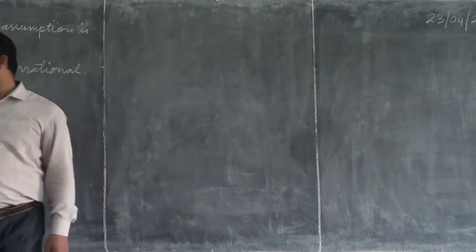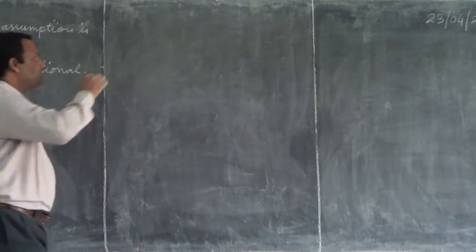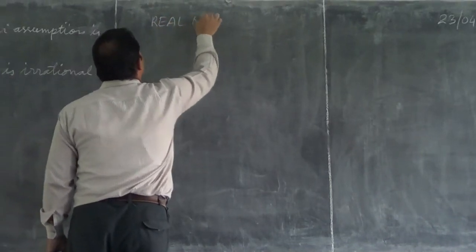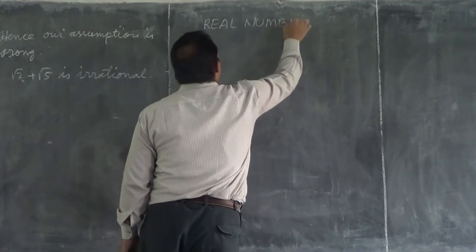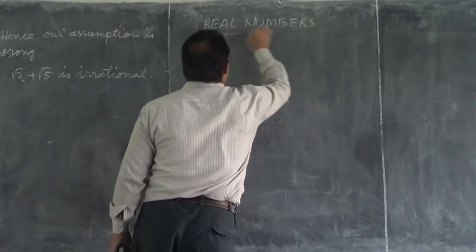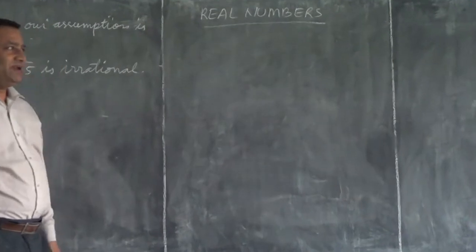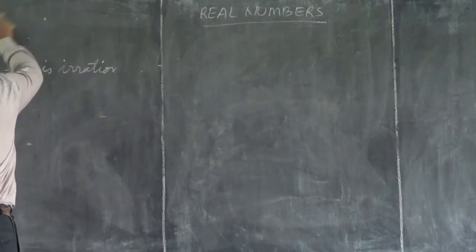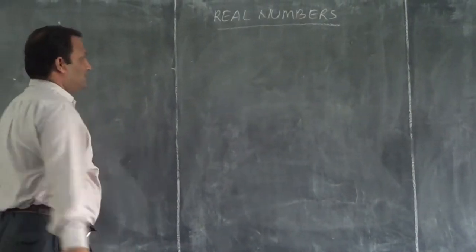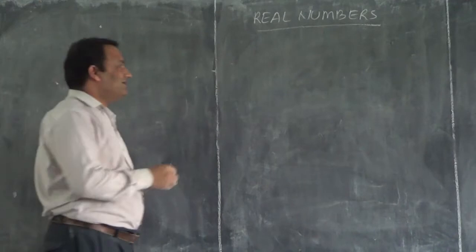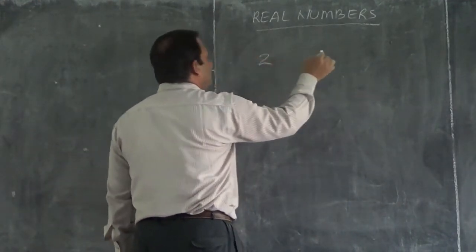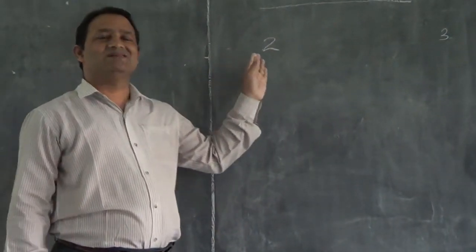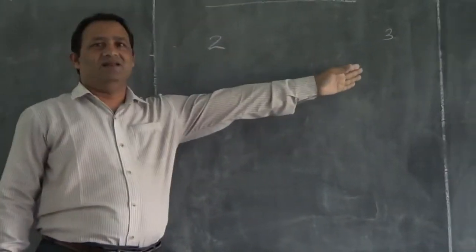So now real numbers. I had told you children, there are infinitely many rational numbers between two given rational numbers. 2 is a rational number and 3 is a rational number.